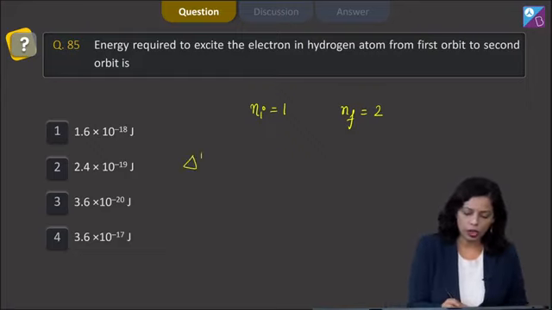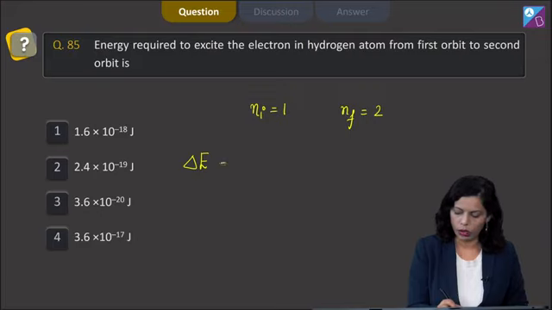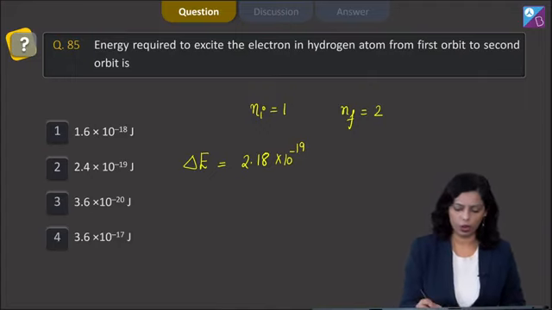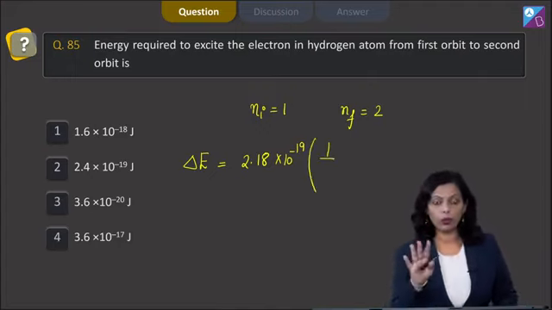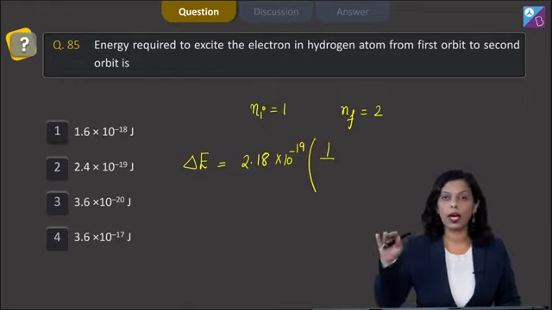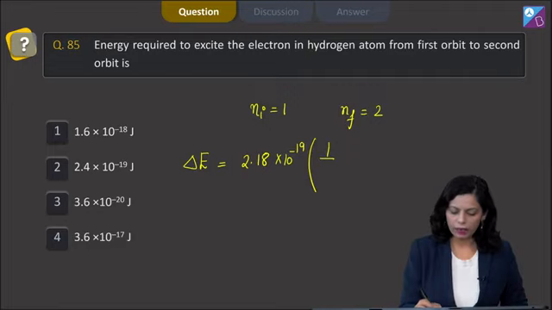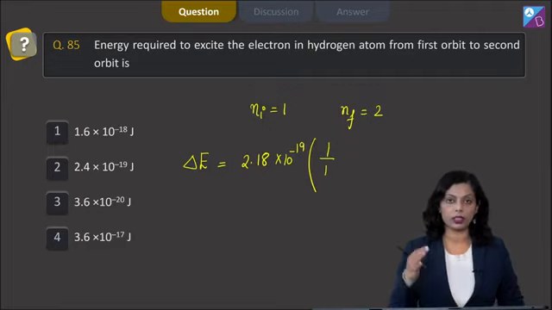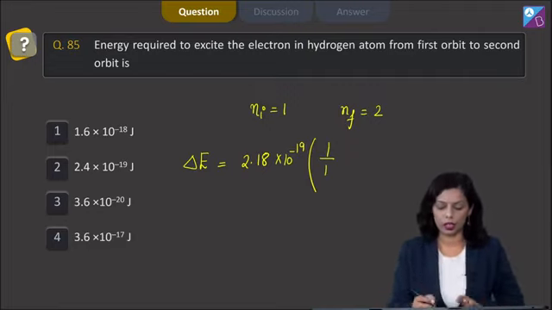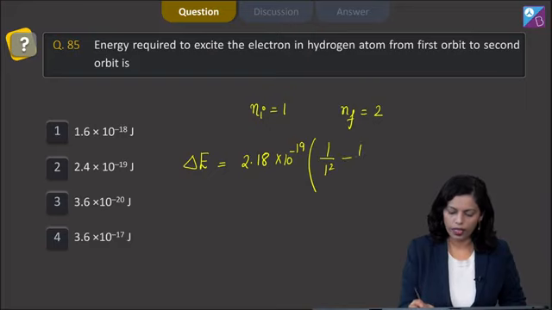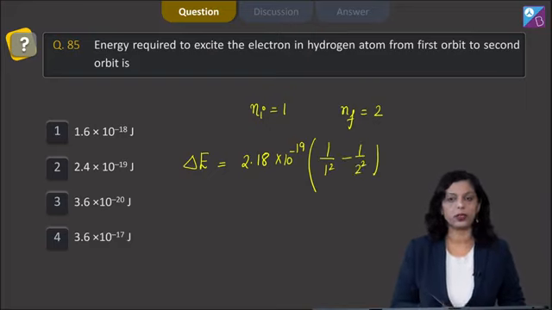So change in energy, or the energy required, is equal to 2.18 into 10 raised to the power minus 19 into 1 by ni square minus 1 by n final square, right? I hope you know this formula. Okay, so initially the n value is 1 because it is excited from the lower energy level to higher energy level, this way, right?